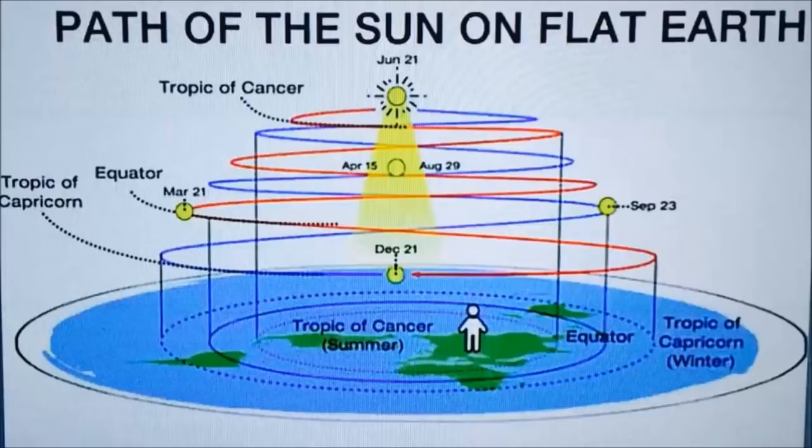So for observers watching the Sun on the flat Earth throughout the year, the difference between the height of the Sun, or angle of elevation, between these two times is 23.5 degrees.